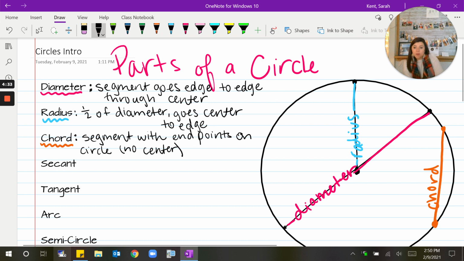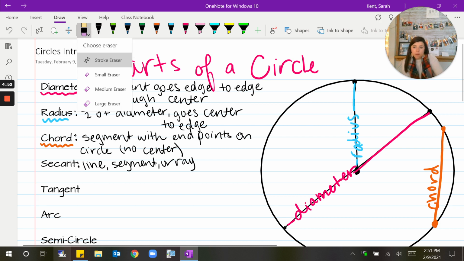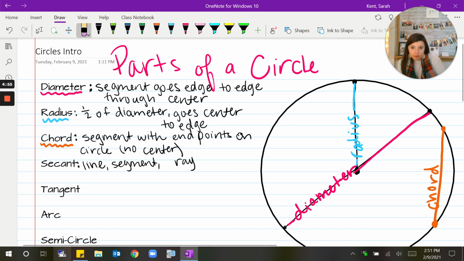All right, next we have a secant. So a secant is now a line. It could be a line, a segment, or ray. I want to make sure y'all can read my handwriting.